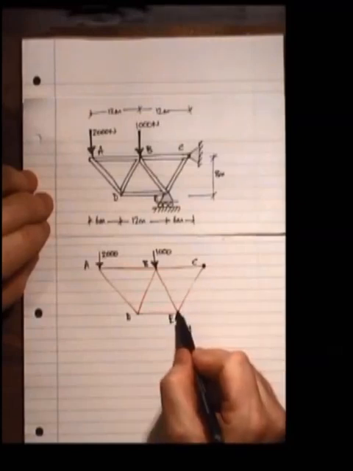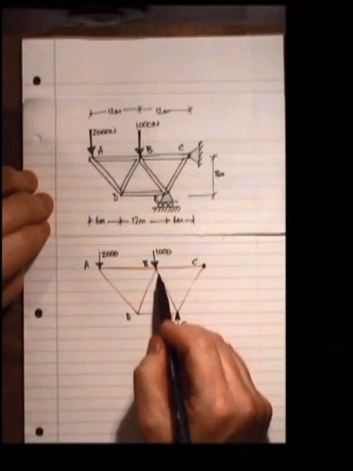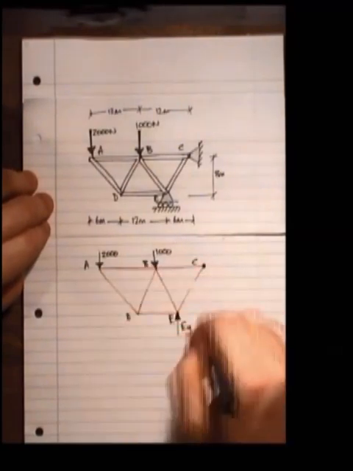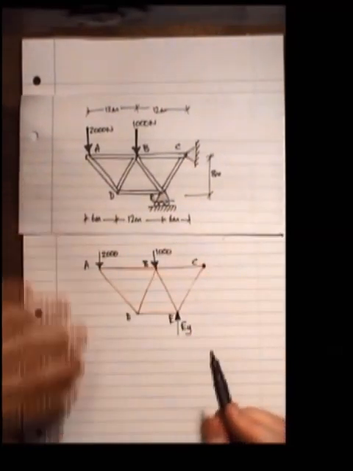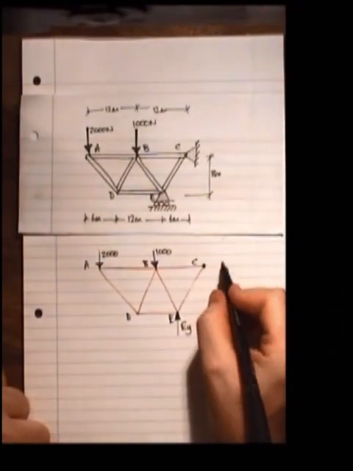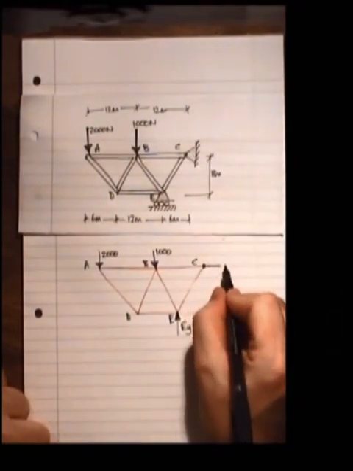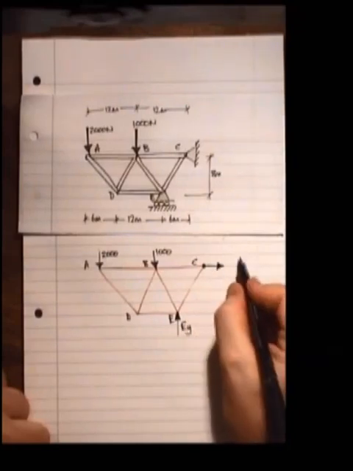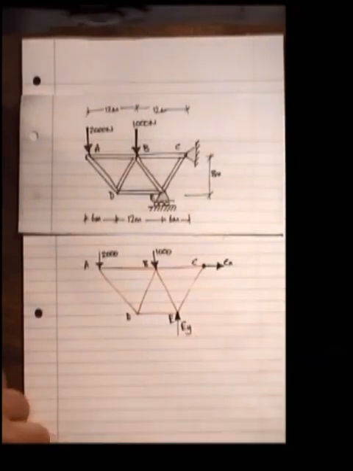Now if we held at E, again we've got these 2000, 1000 trying to rotate this truss. So you have to try and think, okay, well what type of horizontal reaction have I got? It's likely that you've got a CX heading off in that direction.